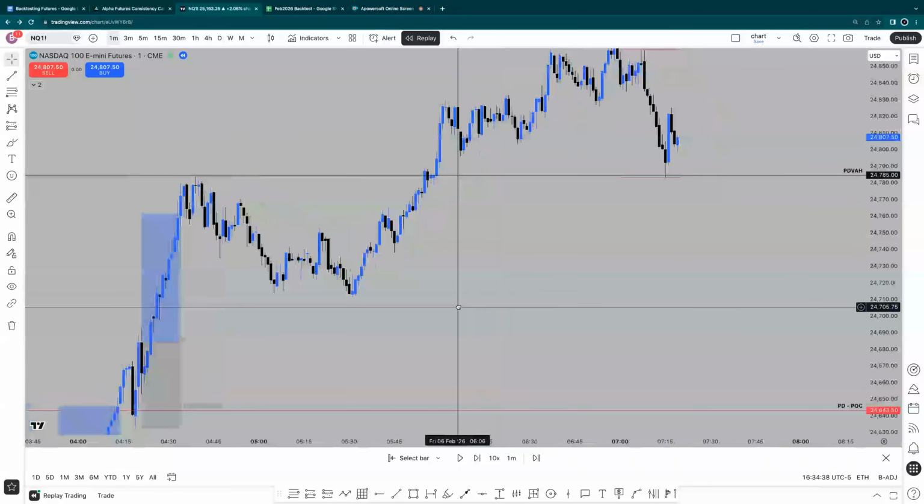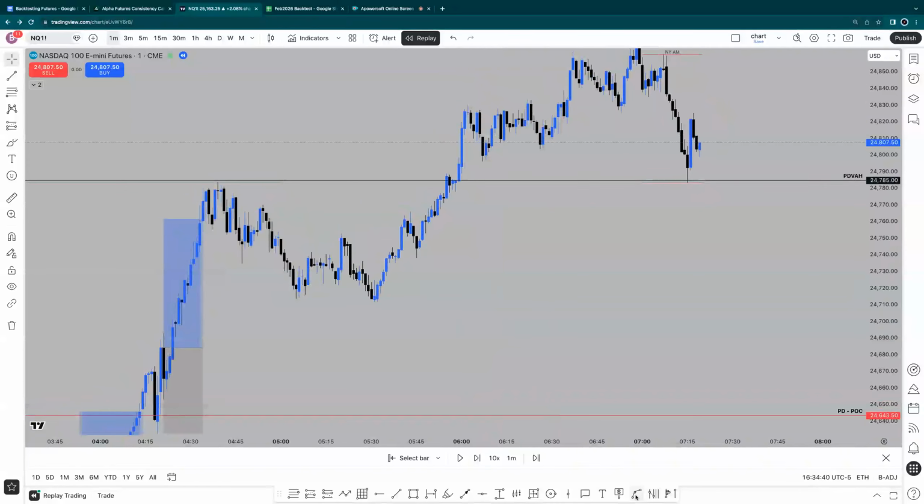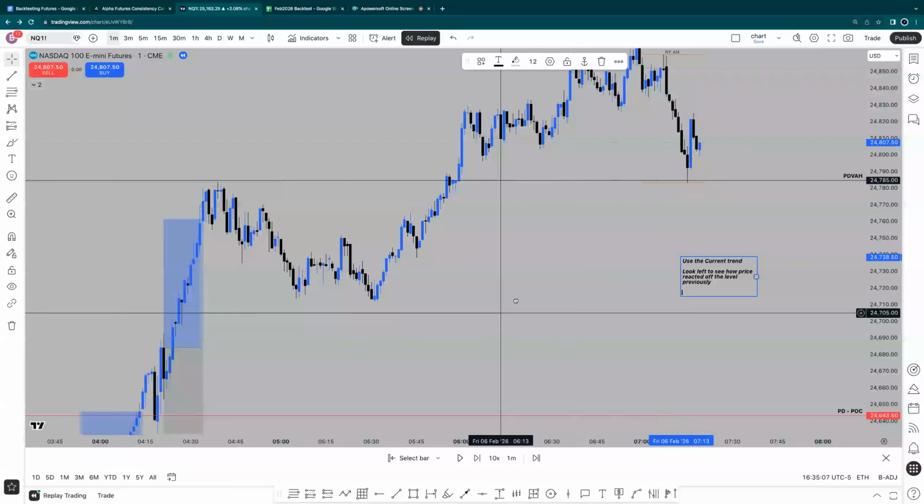But a couple rules that I 100% know that I've seen there that I need to start using is: use the current trend. Okay, that's one. The next one that I seen is look left to see how price reacted off the level previously, because this is really important, which I've noticed now backtesting it.